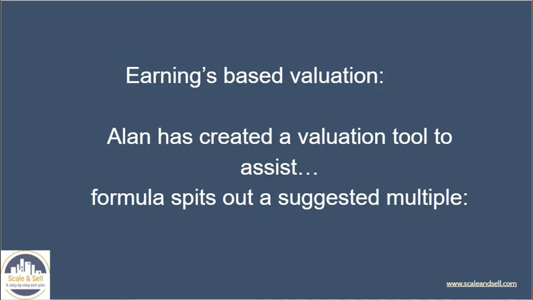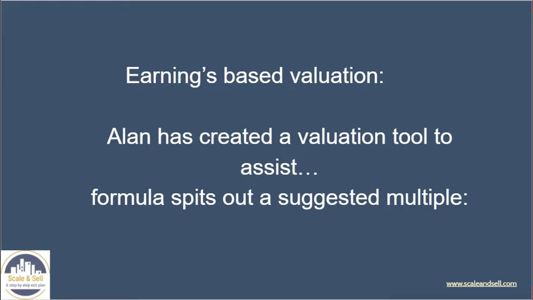Now, as you would have heard in an interview that preceded this lesson, Alan talked about a valuation tool that he'd created to assist him. And basically, his tool allowed him to explore a specific type of industry and input a bunch of questions that would impact the multiple that they recommended.